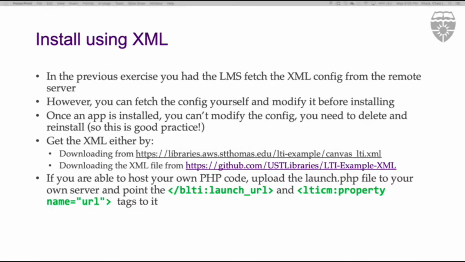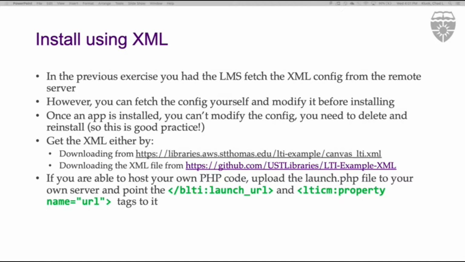So now we're going to get messy, and we're actually going to install it using XML. Because if you're going to create your own LTI, you're going to mess with an LTI and play around with it, you're going to need to get your arms and elbows greased working around the XML code. Because some of the providers that I showed before, they didn't give me the XML for the config.